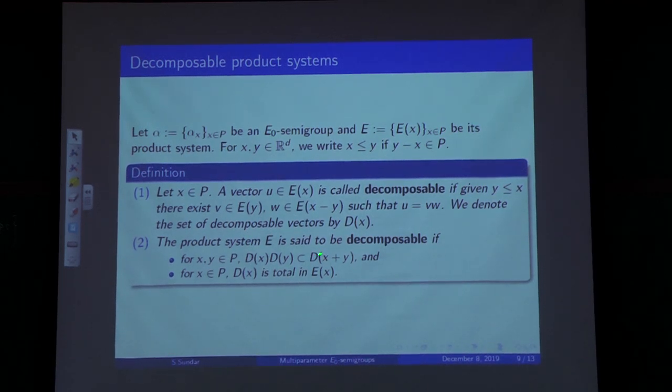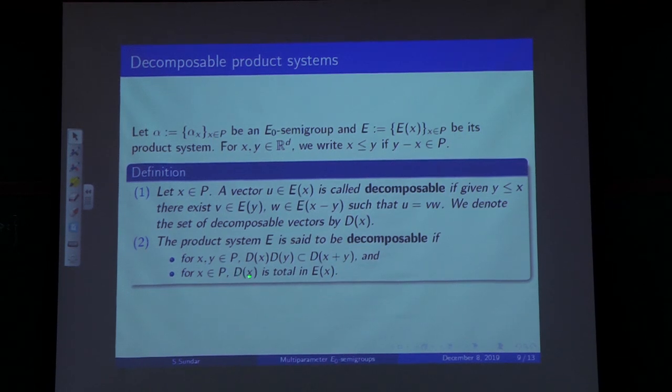So you don't need this condition at all in the one parameter case. But in the multi-parameter case, you need this condition. It's not true in general that if you take the product of two decomposable vectors, it is again decomposable. So you need this as a part of the definition.